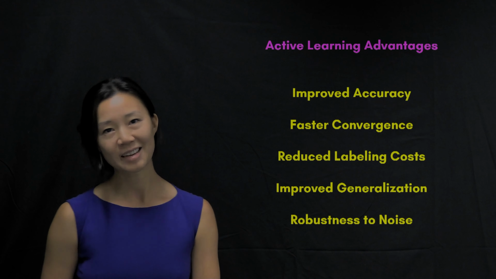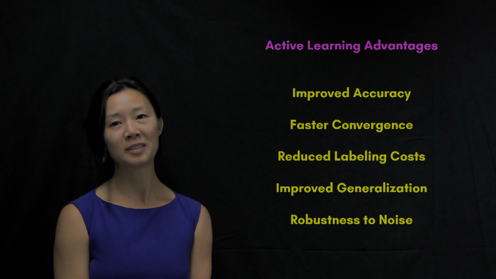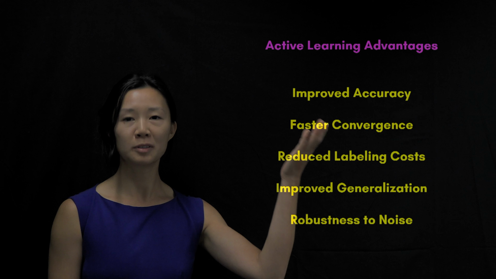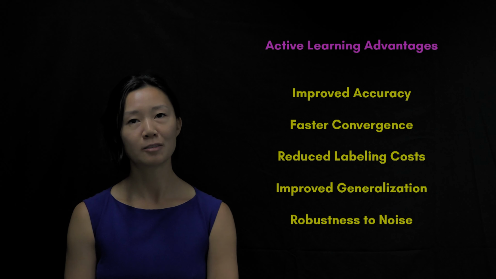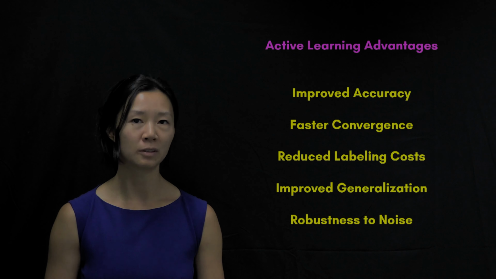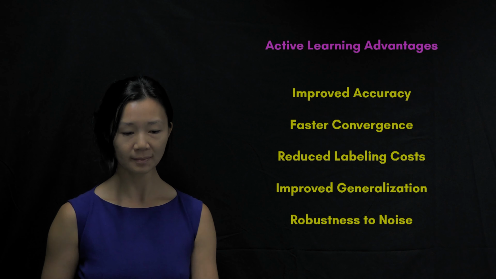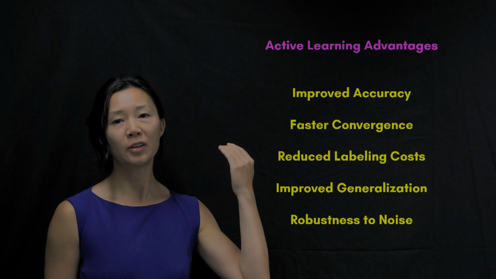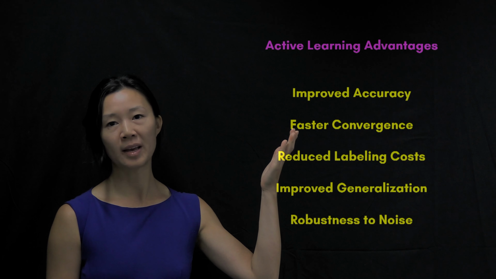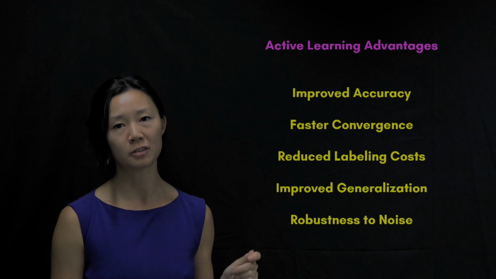Some advantages that we talked about in video 1 in more depth included improved accuracy. In active learning, you are trying to learn your input to output transformation as efficiently as possible. And implicit in that is that you are sampling in an intelligent way that will achieve faster convergence.